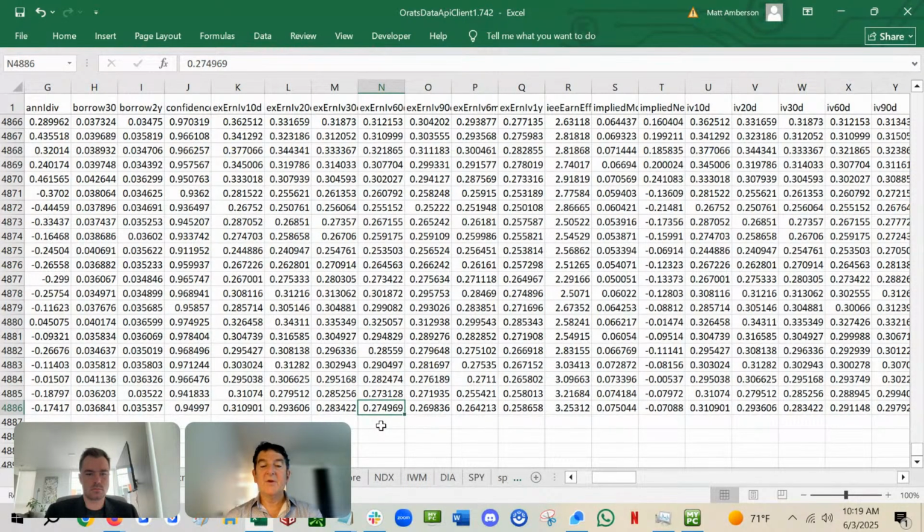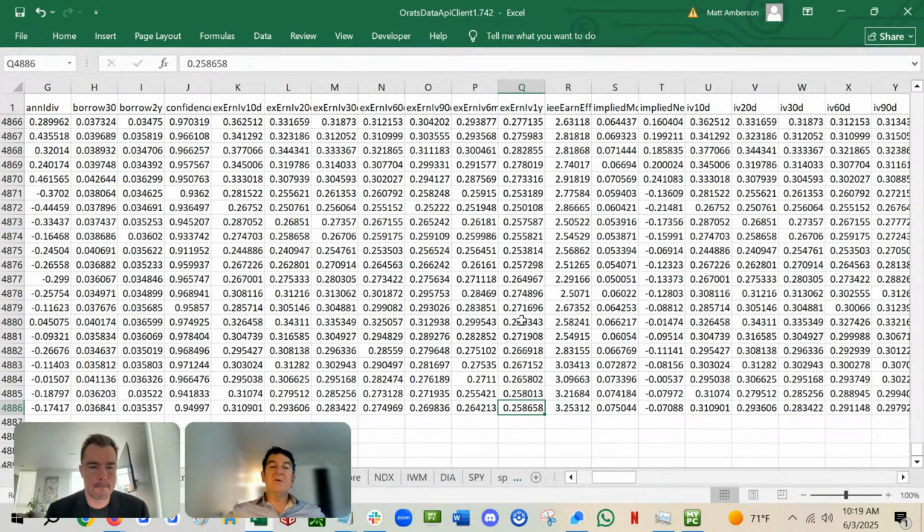So you can tell there's 1.5 vol points of earnings in that one. And then you can see that IV90 is also 29, but it's 27 here. Those are very interesting. The X earnings is more stable.